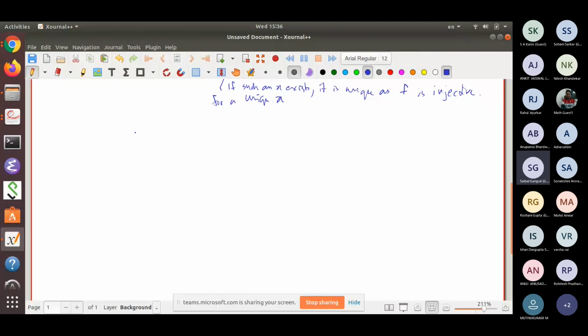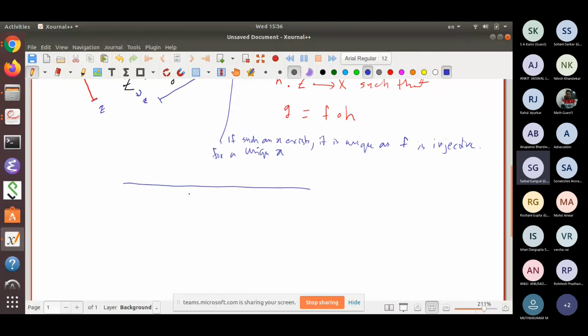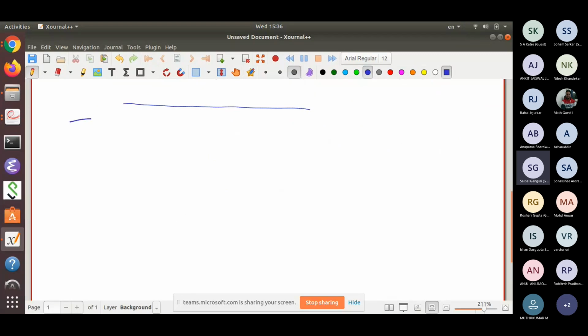Now let us look at that same problem in topological spaces. Now let's go to the category of topological spaces. Now arrows are going to be continuous maps. So I have a continuous map F from X to Y. Suppose this is continuous and injective.